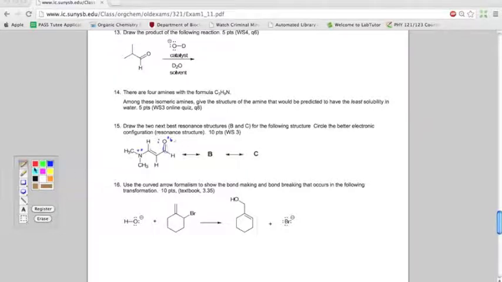So I'm going to start off with moving the electrons in that pi bond up, and this is where practice with redrawing molecules comes in handy.